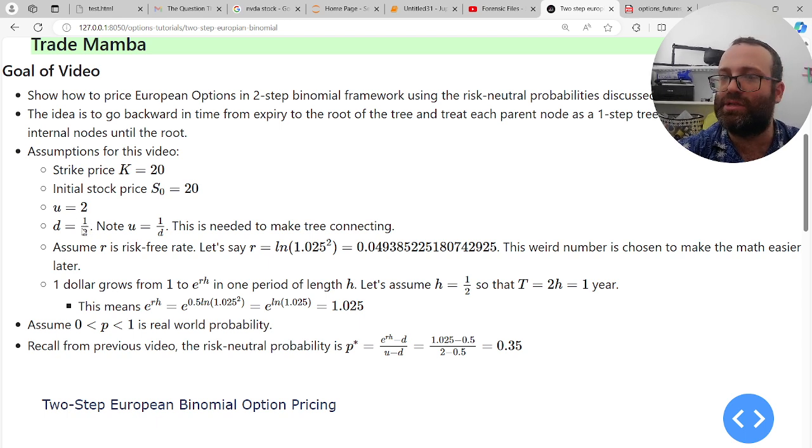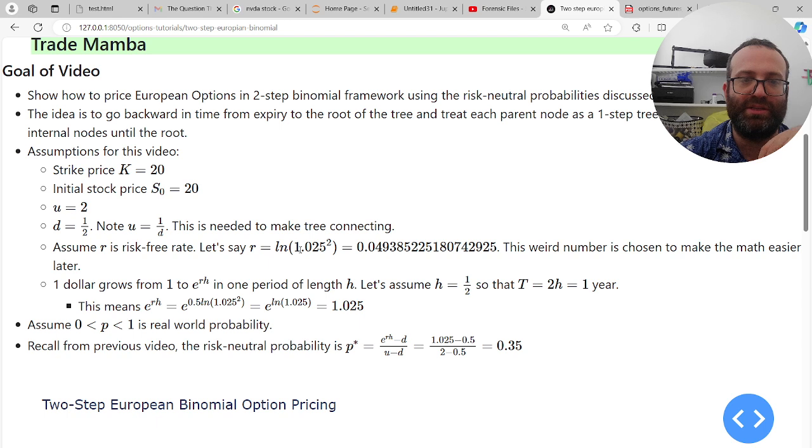Let's also add the risk-free rate. The reason I want to make it non-zero is because for put options, for American options, it will make a big difference. So the risk-free rate is going to be ln 1.025 squared, so about 5%. The reason for this weird value is it'll make my life easier with the math.